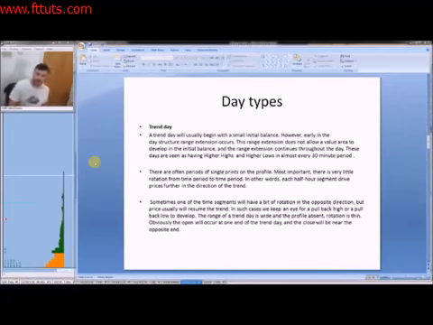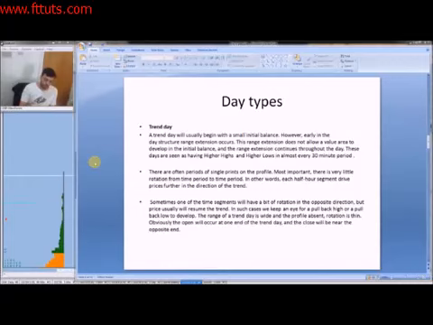There are often periods of single prints on the profile, as we have discussed. And most important, there is very little rotation from time period to time period. In other words, each half-hour segment drives prices further in the direction of the trend.